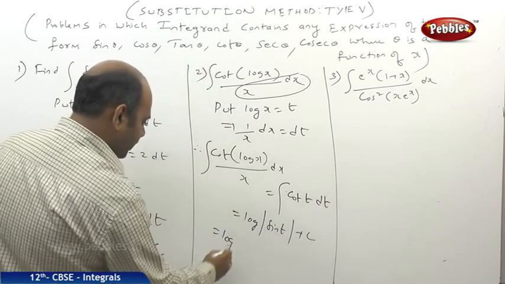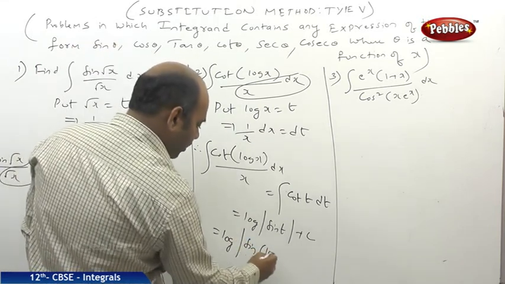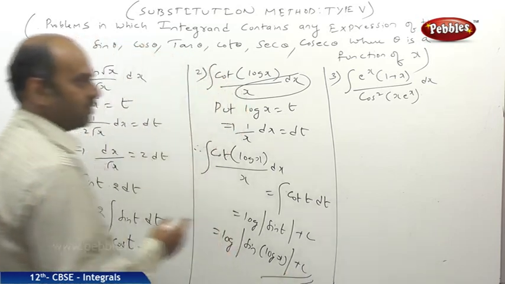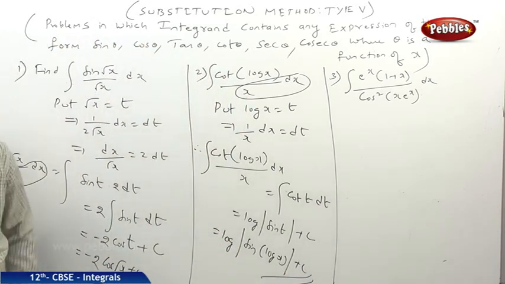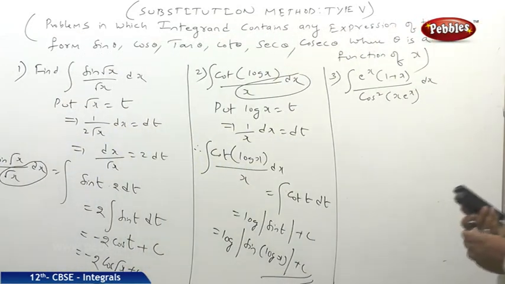But in place of t, what we need to substitute is log x. So log mod sin of log x plus c. Right? Now this is a very important problem. This problem has been asked in many competitive exams as well as your CBSE examination.